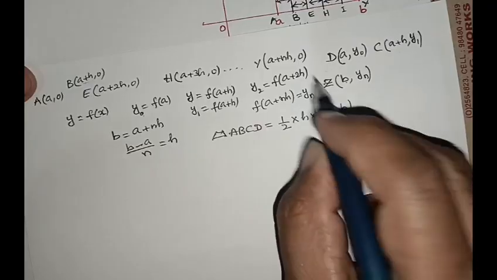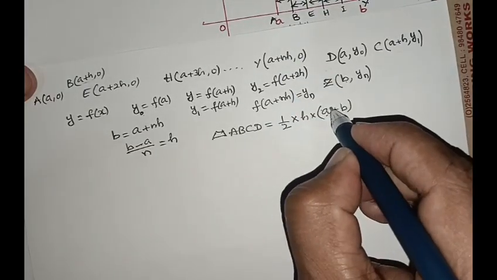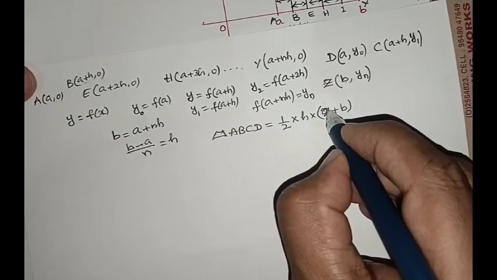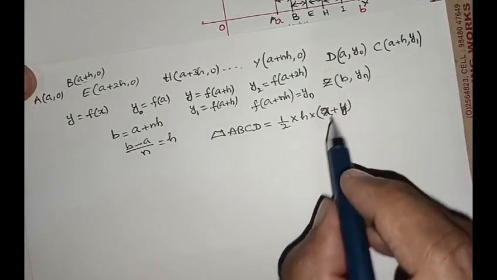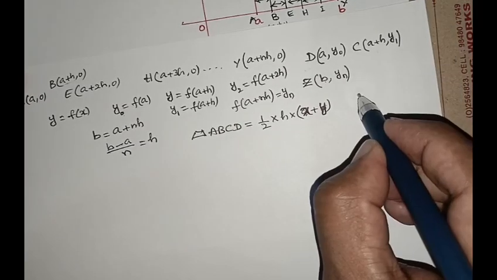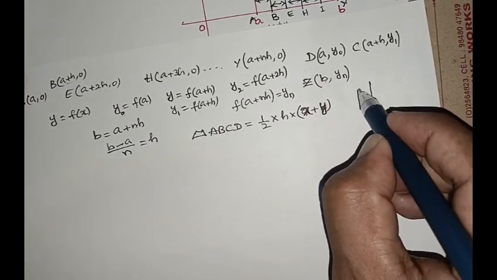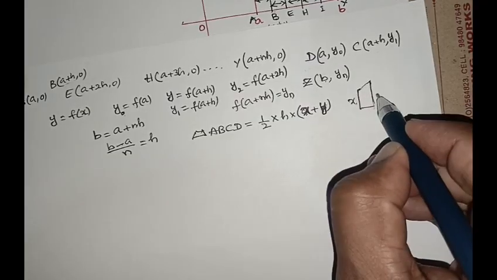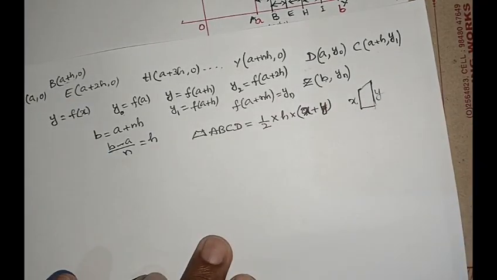Generally we write it like this, but this a and this a are different. So instead, I can take any other letter, say x plus y. I am drawing a trapezium: this is x units, this is y units.